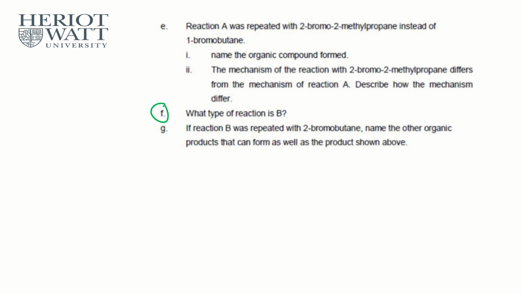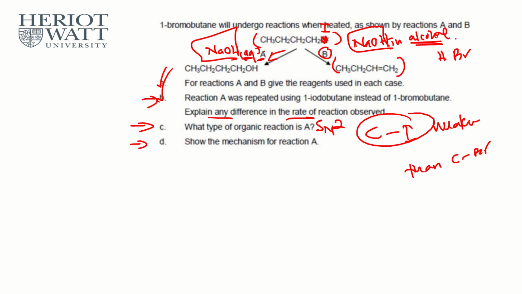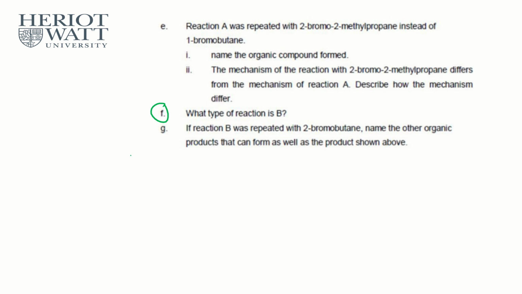Now, what type of reaction is B? Go back. Reaction B, we have identified just now. It's actually NaOH in alcohol to get an alkene, so it is elimination. Right? And if reaction B was repeated using 2-bromobutane, name the other organic products that can form, as well as the product shown above.